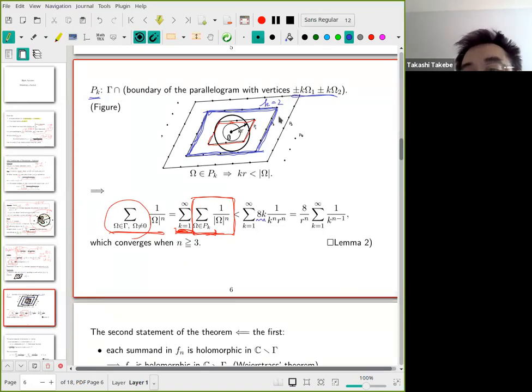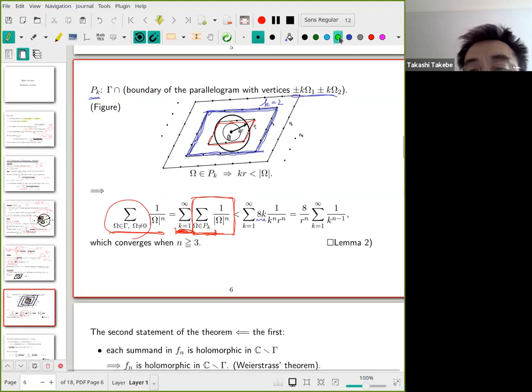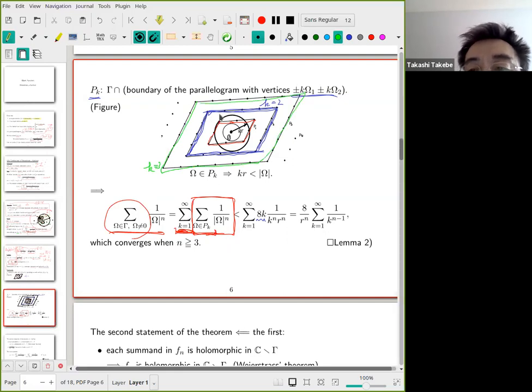You see, for example, on this parallelogram, on each edge we have 1, 2, 3, 4 lattice points, so we have 16. On this parallelogram, we have 1, 2, 3, 4, 5, 6 times 4 means 24, and so on.